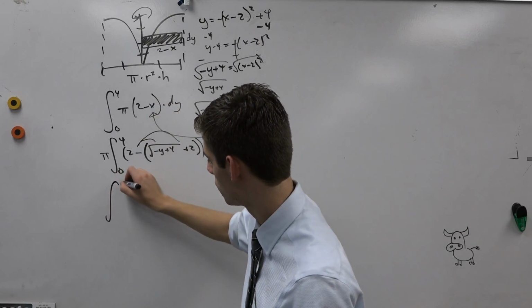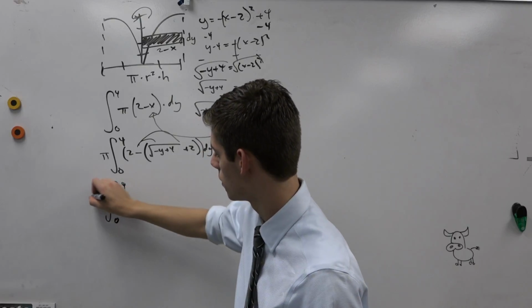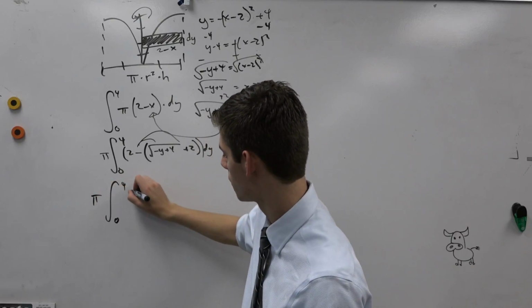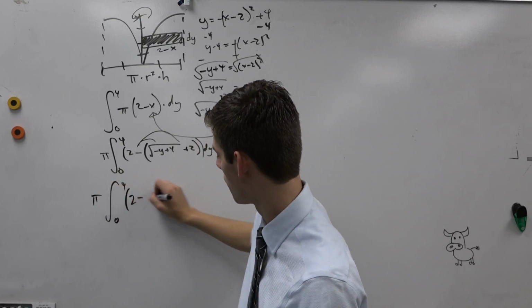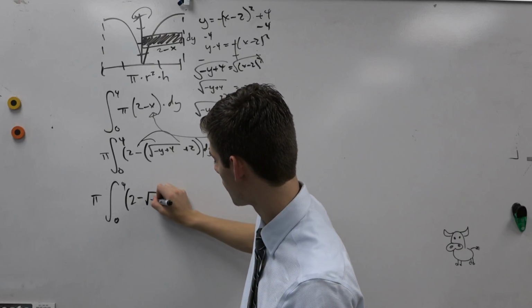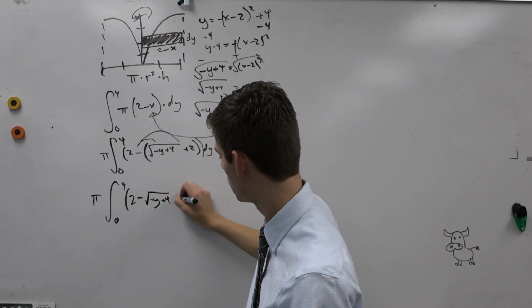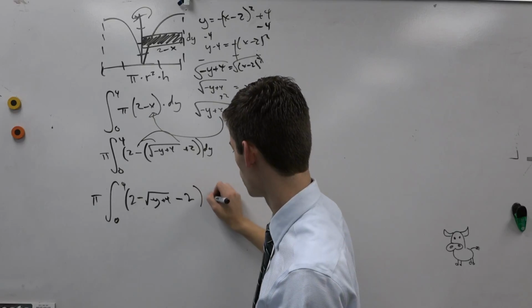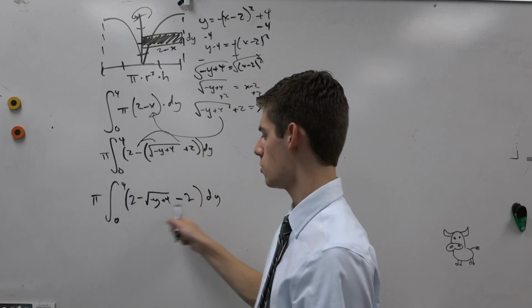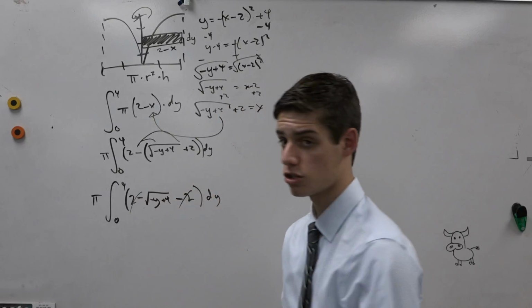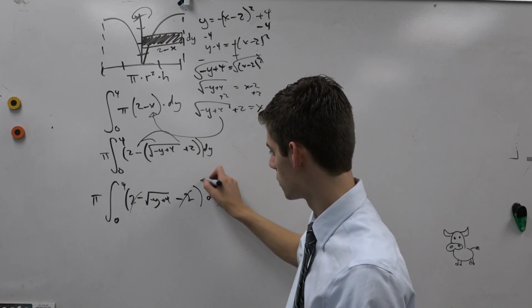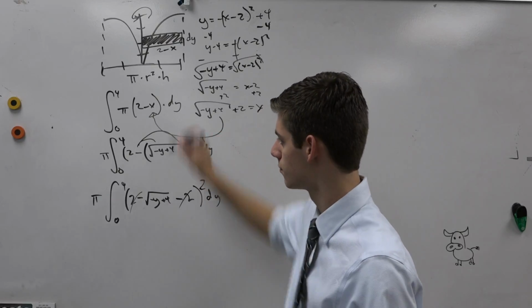So we have the integral from 0 to 4, pi times the integral of 2 minus square root of negative y plus 4 minus 2, all times dy. Now this 2 and minus 2 both will cancel each other out. This will be squared. Sorry.